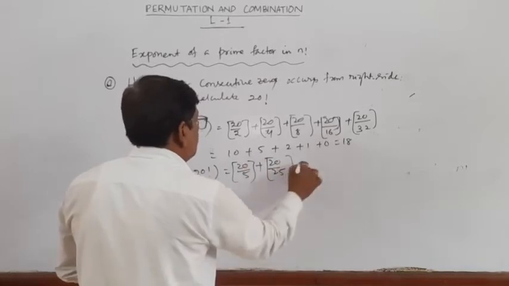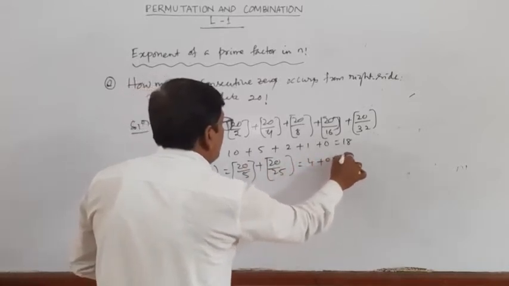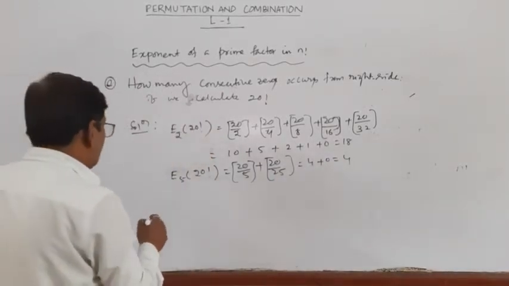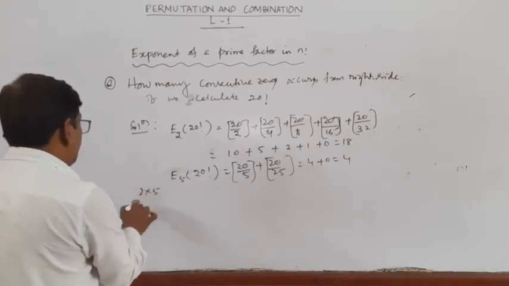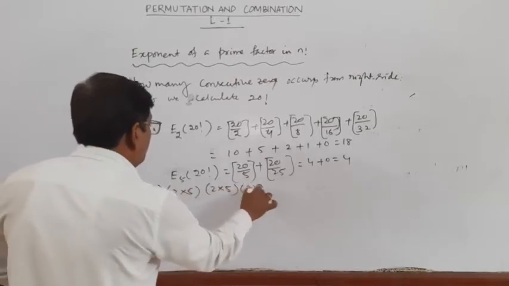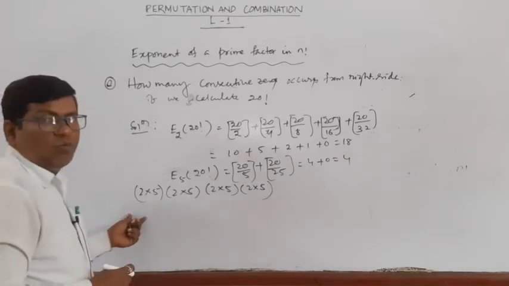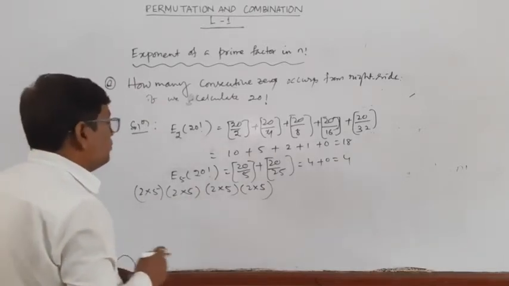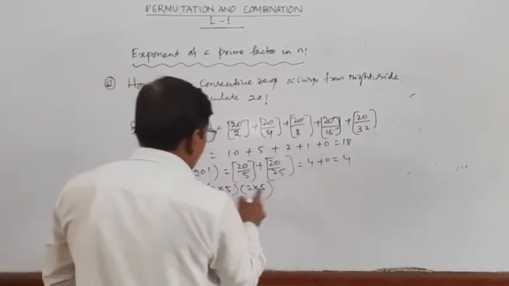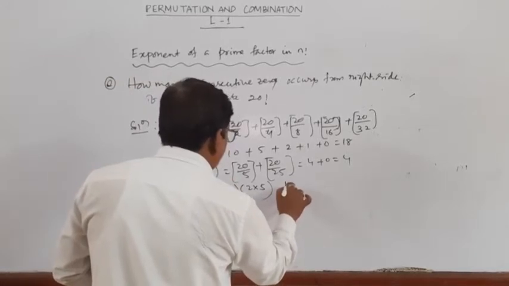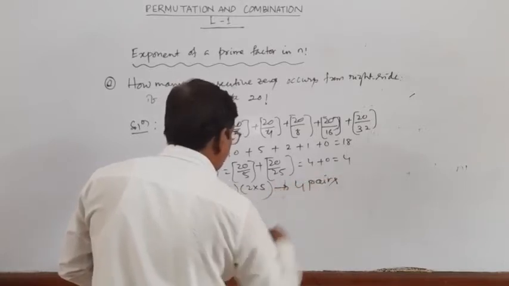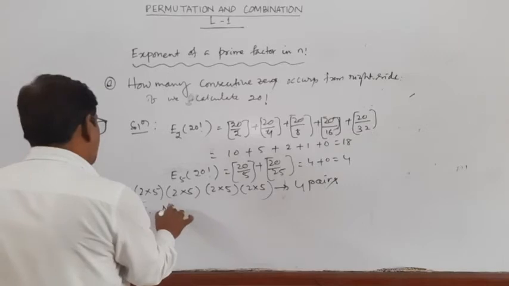Since 25 is greater, this is 4 plus 0, which is 4. We get zeros by multiplying 2 into 5, so we get 4 pairs of 2 into 5. So the number of zeros is 4.